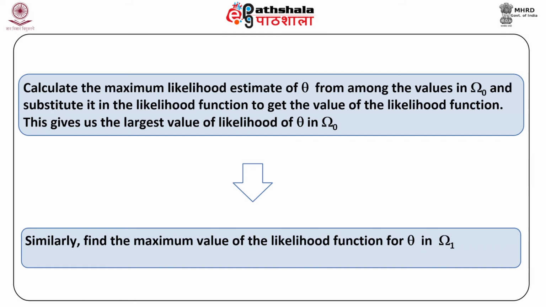These steps are as follows. First, calculate the maximum likelihood estimate of theta from among the values in phi 0 and substitute in the likelihood function to get the value of the likelihood function. This gives us the largest value of the likelihood of theta in phi 0. Similarly, find the maximum value of the likelihood function for theta in phi 1.